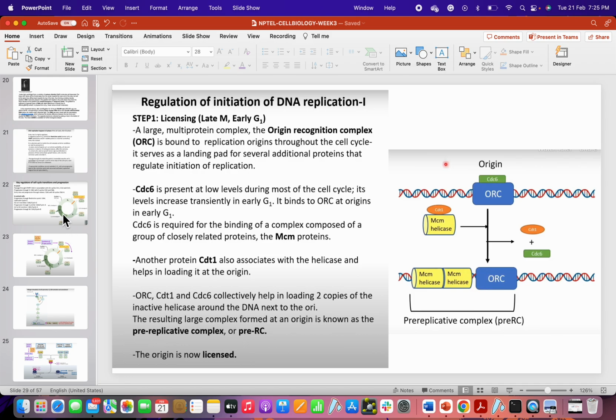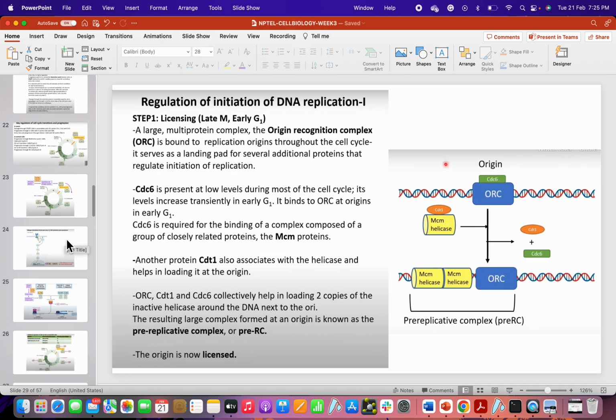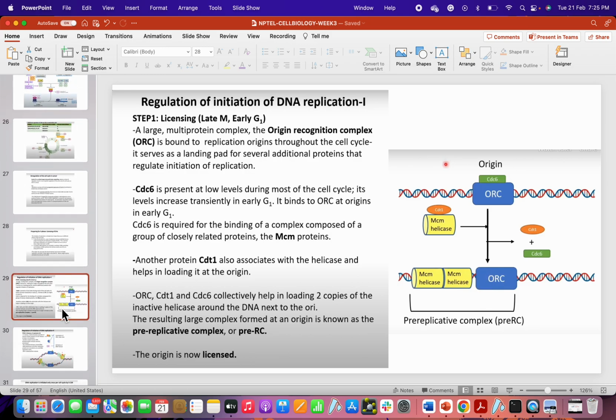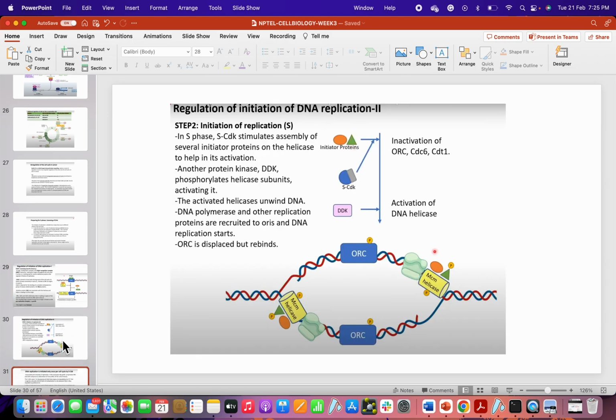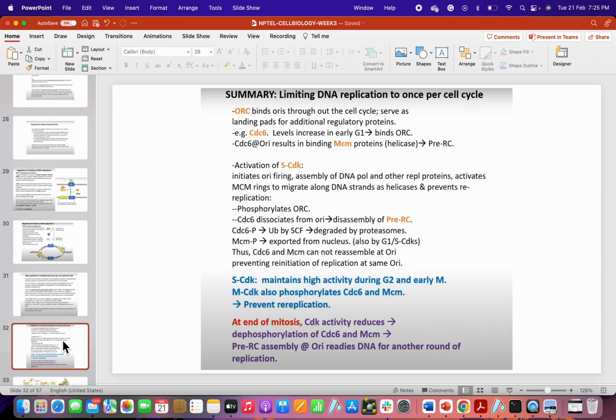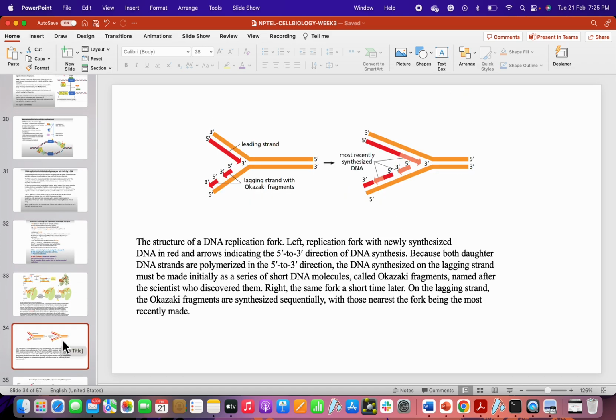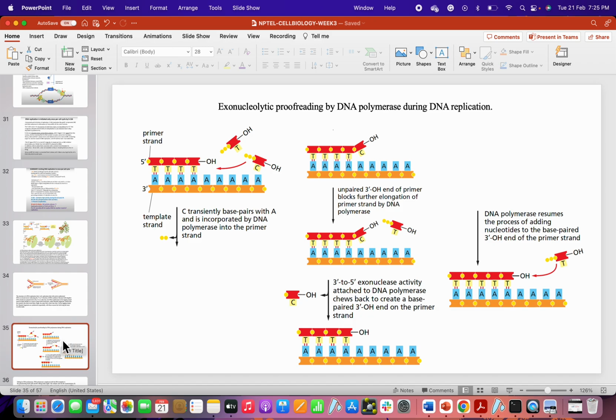Okay. And DNA polymerase 1, I told you, it will act as an exonuclease. Okay, I will just go into that slide. Yeah, so DNA polymerase 1 has 3' to 5' exonuclease activity, so it can remove that, and then the DNA polymerase will proceed.